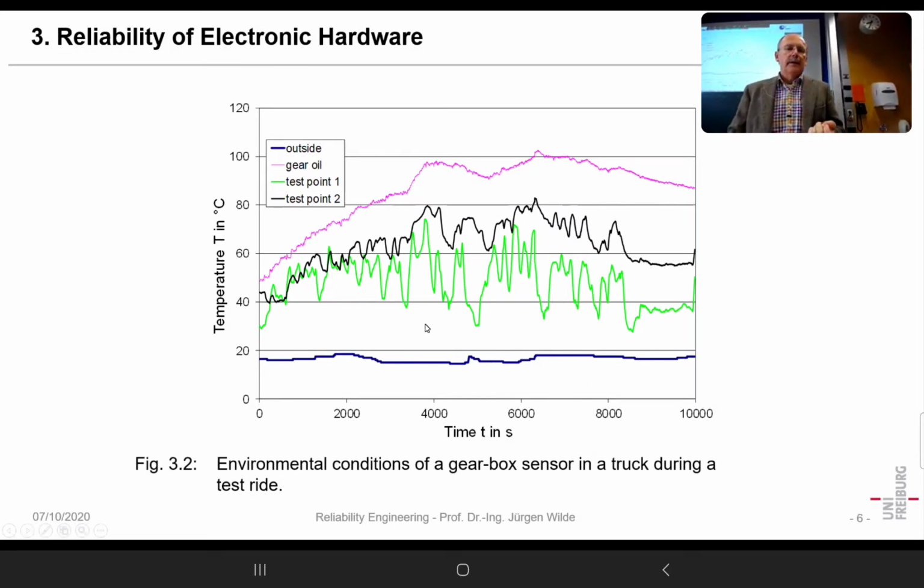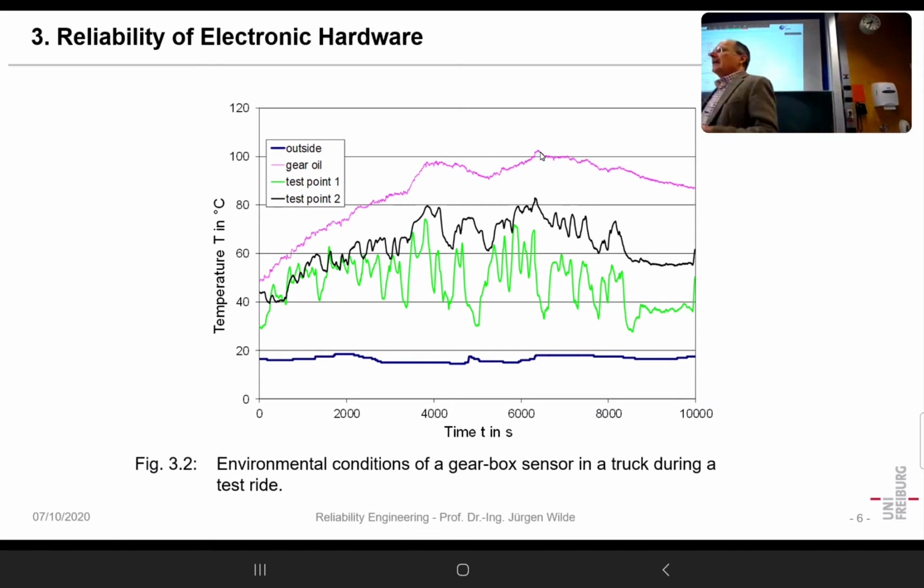And they put some temperature measurement on that Unimog car, and they made a test drive. And here you can see that gear oil goes up to 100 degrees centigrade.